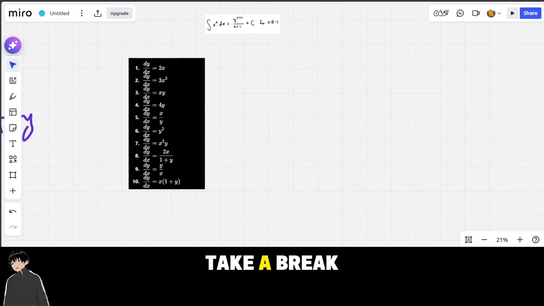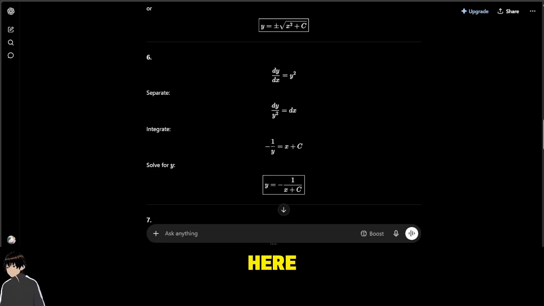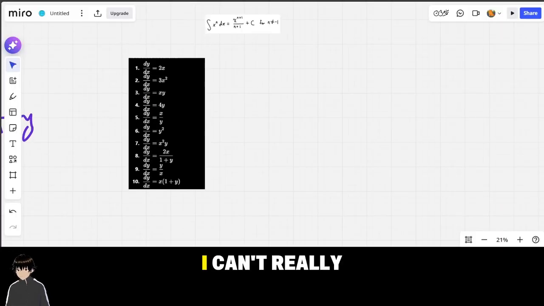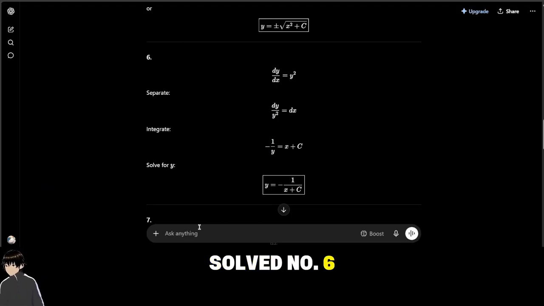Let me just take a break. And then we'll proceed to answering number 6 here. I can't really understand how they solved number 6. What's the full solution?